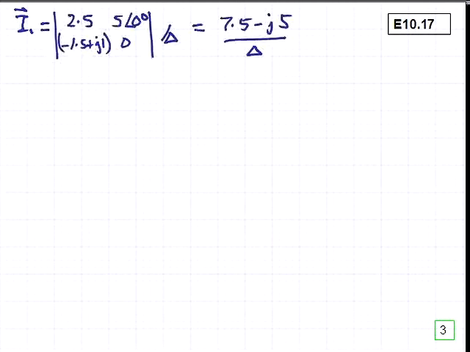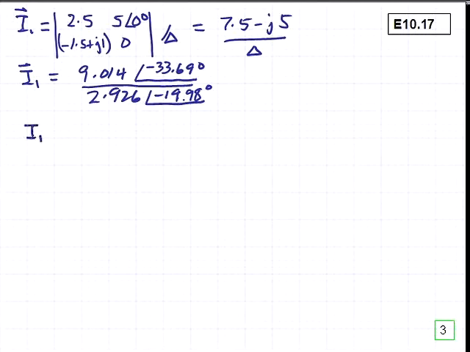Now we can solve for I1 using Cramer's method. And we can write this I1 expression as, and the current I1 is equal to 3.08 at an angle of minus 13.71 degrees amperes.